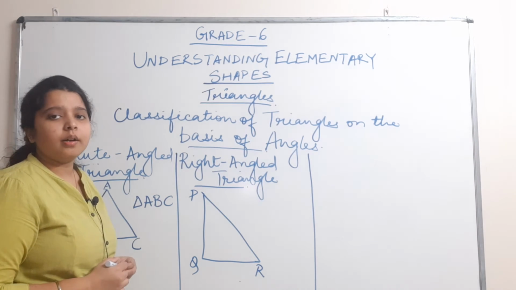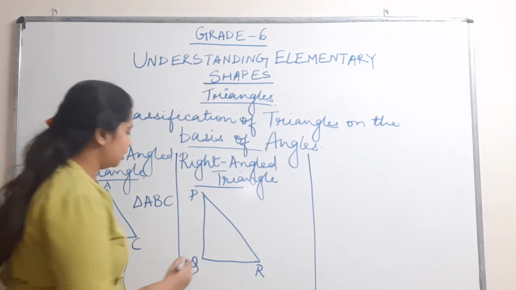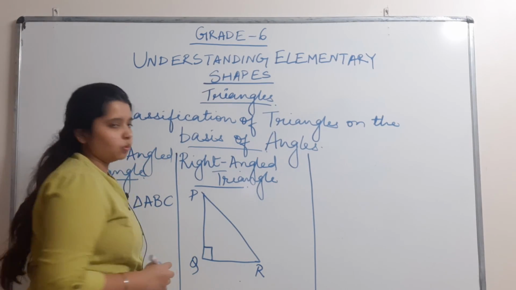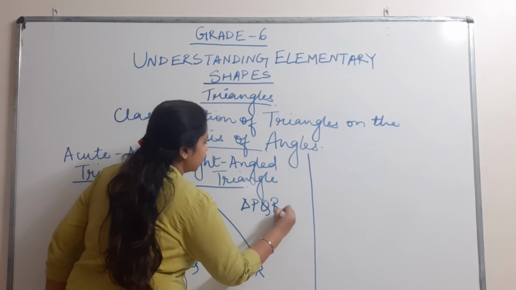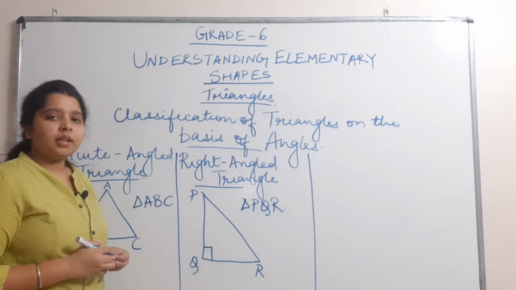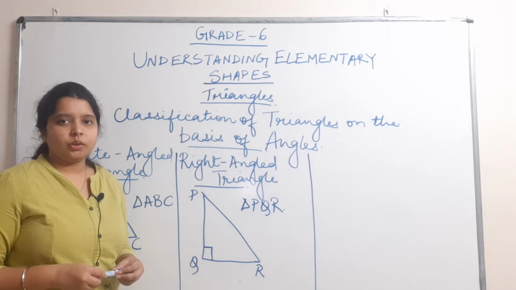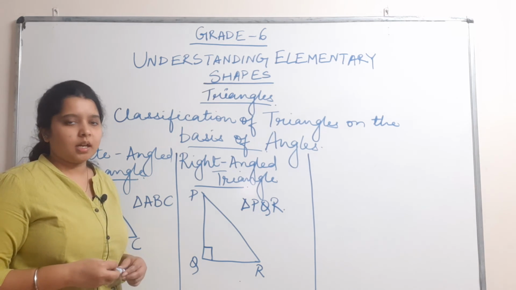Triangle PQR is right angle triangle, right angled at Q. And please note that a triangle can only have one right angle. It cannot have more than one right angle.